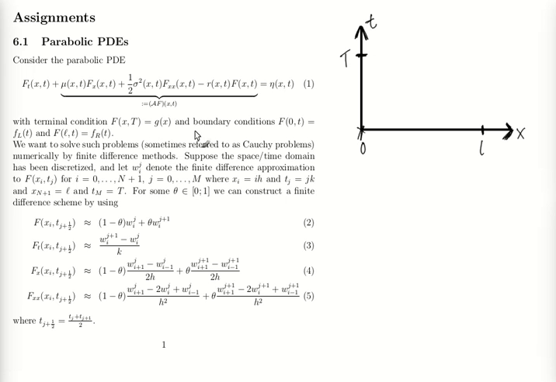And we get a terminal condition and some boundary conditions. So whenever we are introduced to some kind of finite difference method that we use to solve any differential equation, there are two questions we need to ask ourselves and answer.